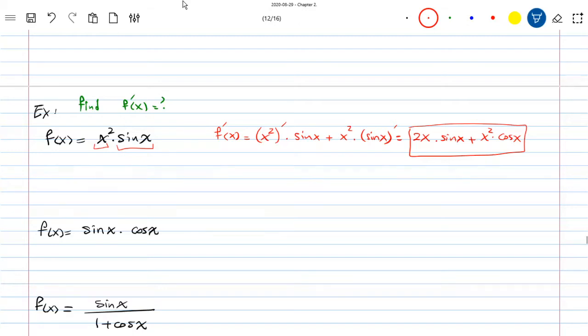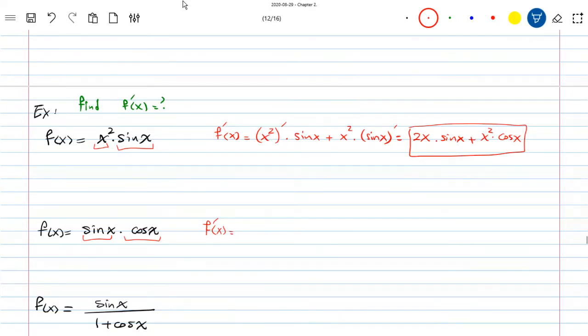How about the next one? Sine x times cosine x. What would be f prime x? Again, you have 2 functions multiplied by each other. You should use product rule. You should say derivative of the first one times the second. Write this.